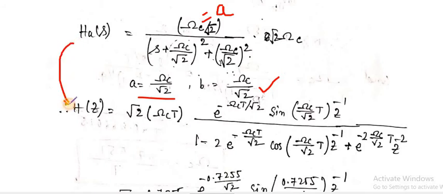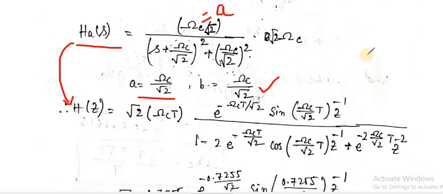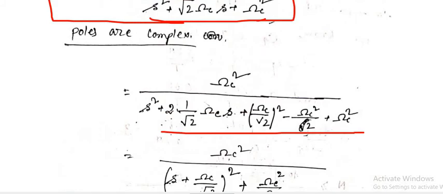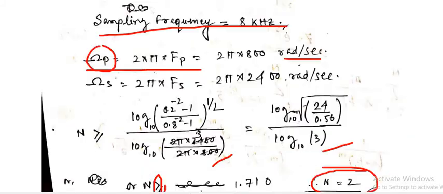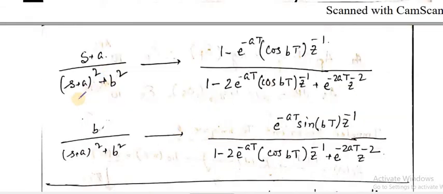This is also a typical issue, that you have to remember this formula: if you know the analog transfer function and you can express it in some standard form, then the corresponding H of z is this. I think we already discussed it in some cases. These are the standard values.